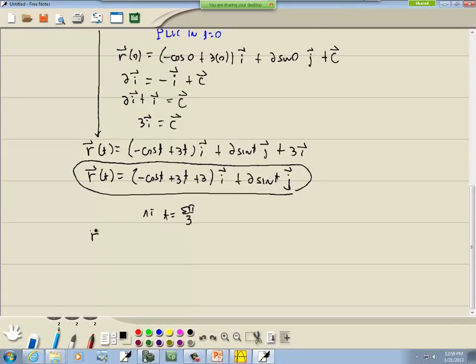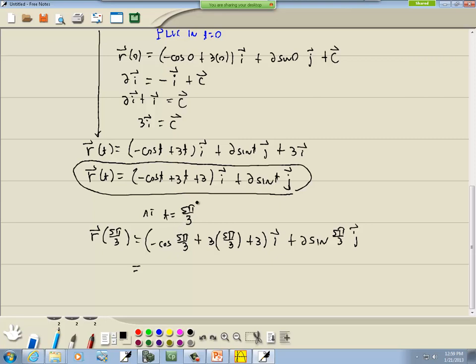So r of 5 pi over 3 is going to equal negative cosine of 5 pi over 3 plus 3 times 5 pi over 3 plus 3, i, plus 2 sine of 5 pi over 3, j. And let me think this through.